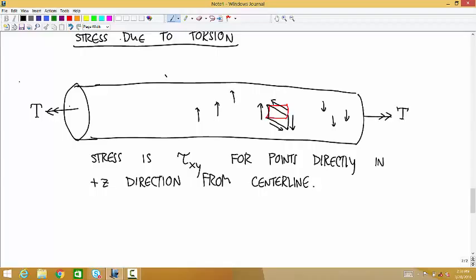Something on the top is going to be farther towards us on the right side and farther into the page on the left side. But we'll deal with all that stuff with rotation matrices. So all we need to think about is if you have points that start out directly in the positive Z direction from the center line, like this point I drew here, a positive torque on it is going to make the right side drop down.